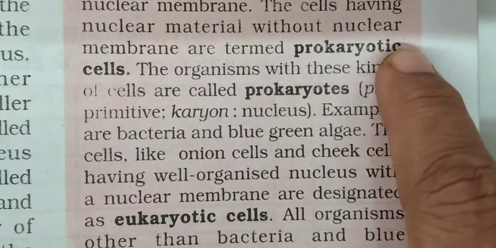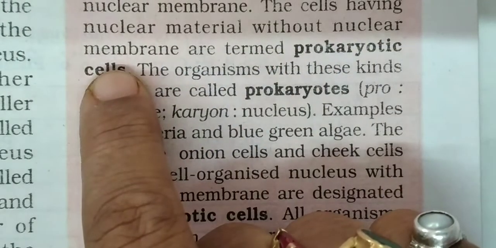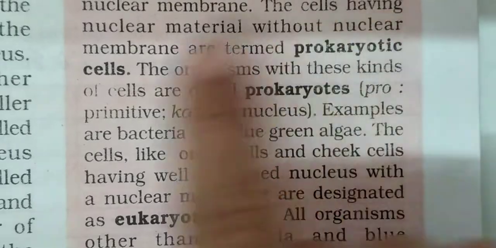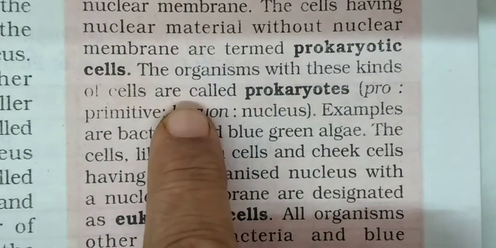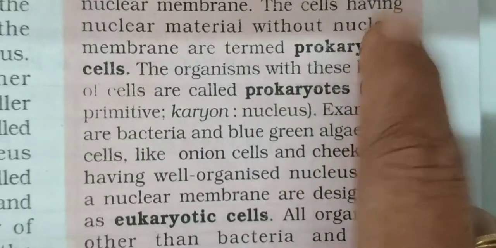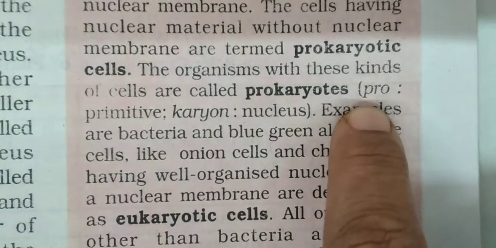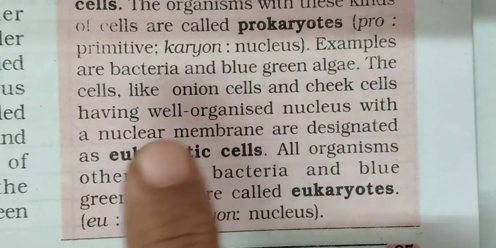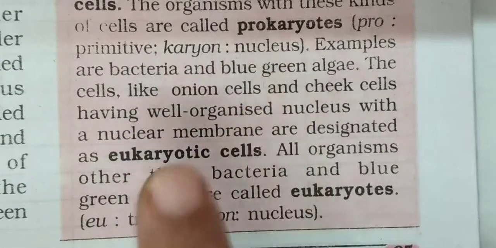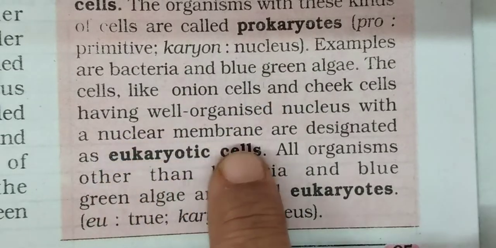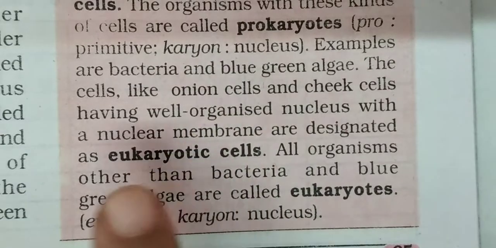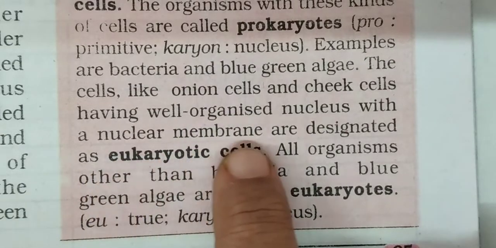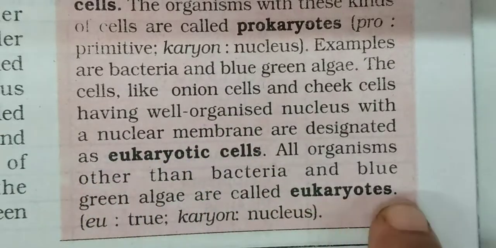Cells that are not well organized are called prokaryotic cells, and the organisms made up of such type of cells are called prokaryotes. Same way, the cells which have a well organized nucleus are called eukaryotic cells, and the organisms made up of eukaryotic cells are called eukaryotes.